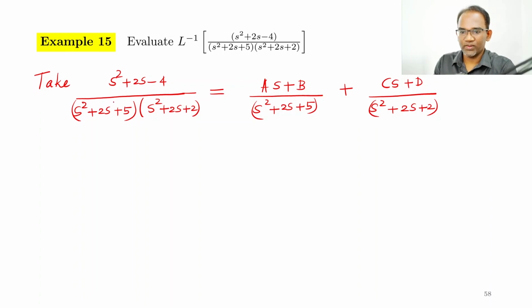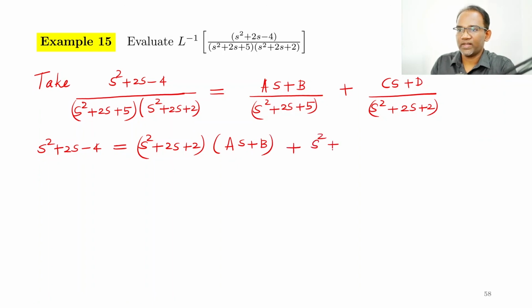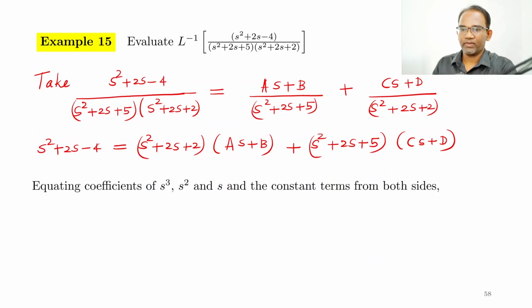Now when we cross multiply the terms, s square plus 2s minus 4 equal to (s square plus 2s plus 2) times (as plus b) plus (s square plus 2s plus 5) times (cs plus d). In the next step, we'll equate the coefficients of s cube, s square and the constant terms from both sides.